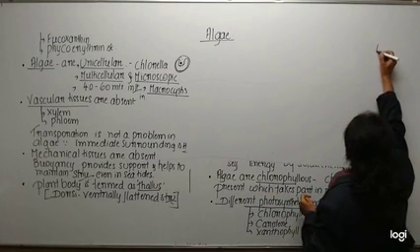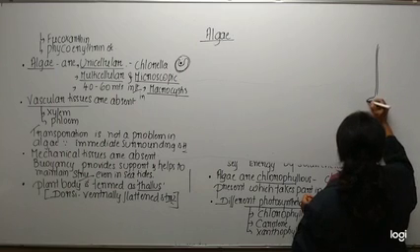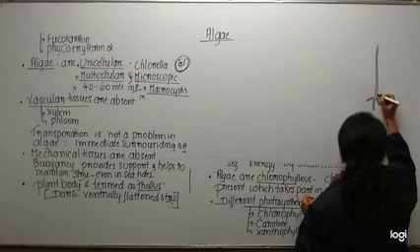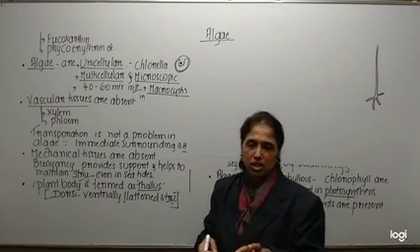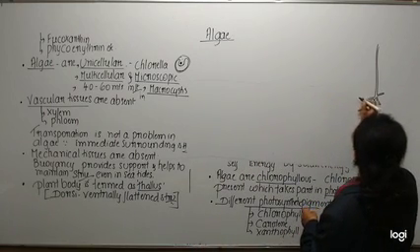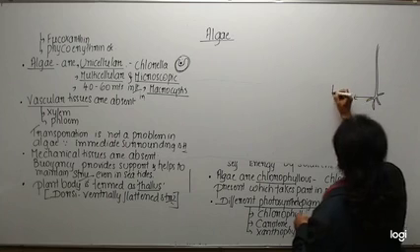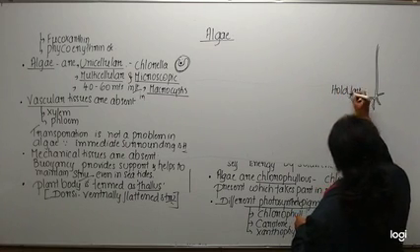It appears as a root-like structure. We cannot call it a root. It helps to hold the substratum, a supporting structure. That is why it is termed as holdfast.